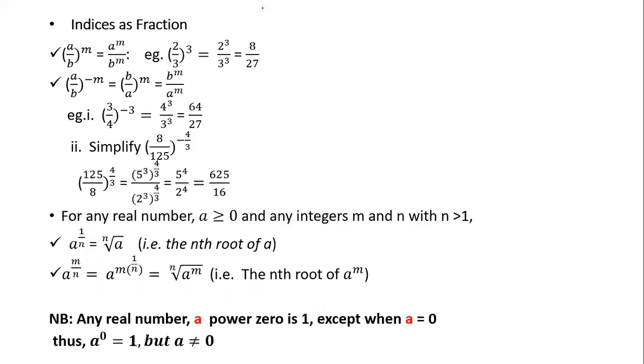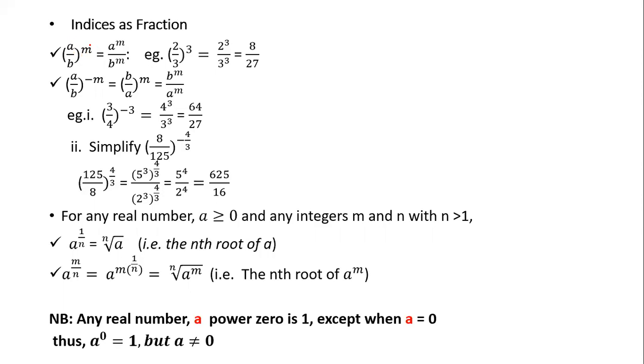So let's look again into the indices. But before then, let's look at this. A over b all power m. Now the same as this, A is power 1, B is also power 1, so the same as multiplying the powers.